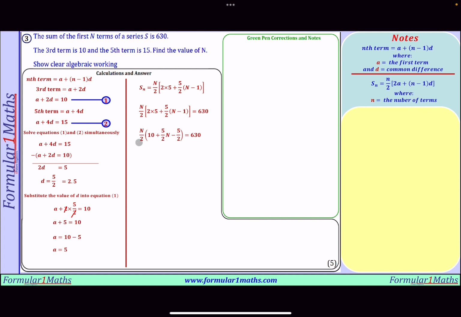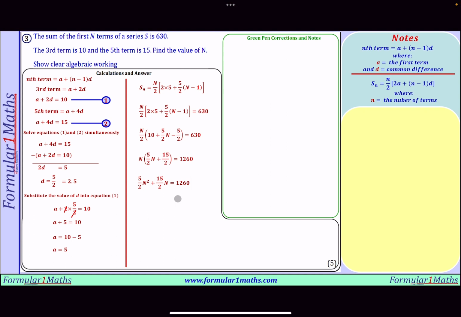Then I can take 2 to this side to multiply by 630 and also simplify what is in the brackets. And if I do that, I'll get this. So 10 minus 5 over 2 is 15 over 2. And then if I take 2 over 2 to the other side and multiply, I get 1,260. I can now expand these brackets to get 5 over 2 n squared plus 15 over 2 n is equal to 1,260.